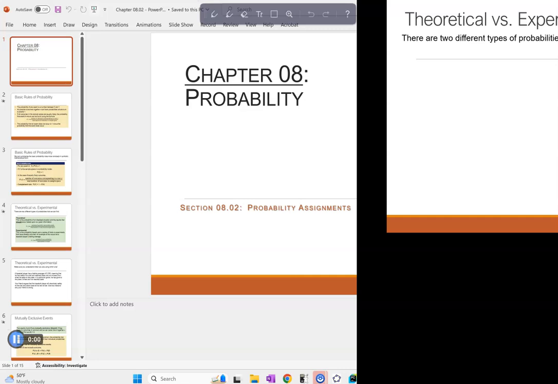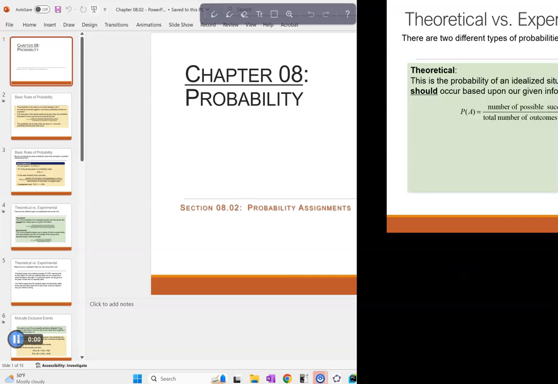So when we talk about probability, there are 2 different types of probability that we'll talk about. There's theoretical. This will be the one that we'll probably spend the most time dealing with. This is the probability of an idealized situation and the results that should occur based on the given information, where the probability is calculated as the number of possible successful results divided by the total number of outcomes in the sample space.